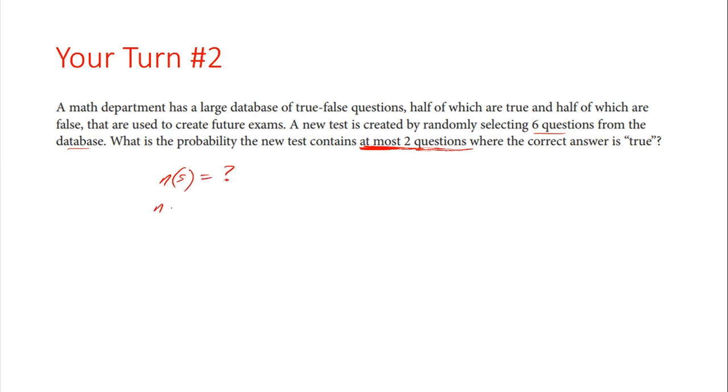And what about the event? You are selecting 6, so you should probably be thinking 6 choose at most 2, that occur to be true. So talk about it, think about it, and definitely try your best on that one.